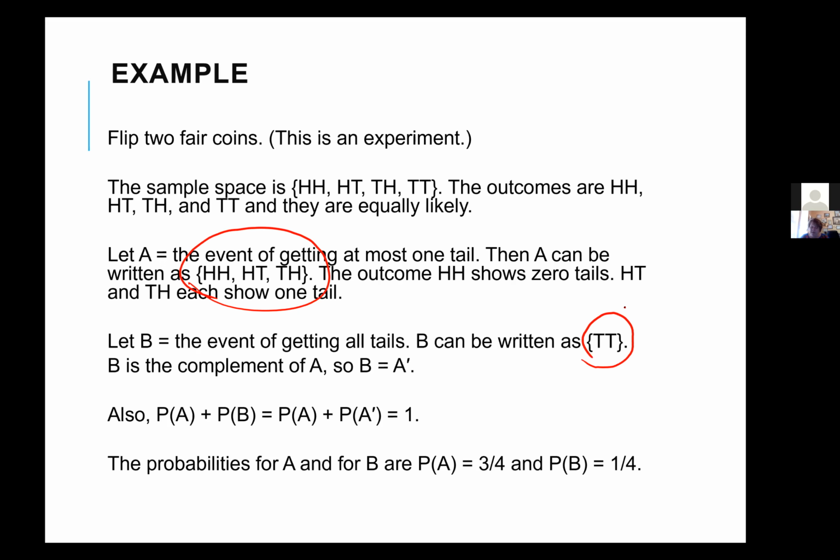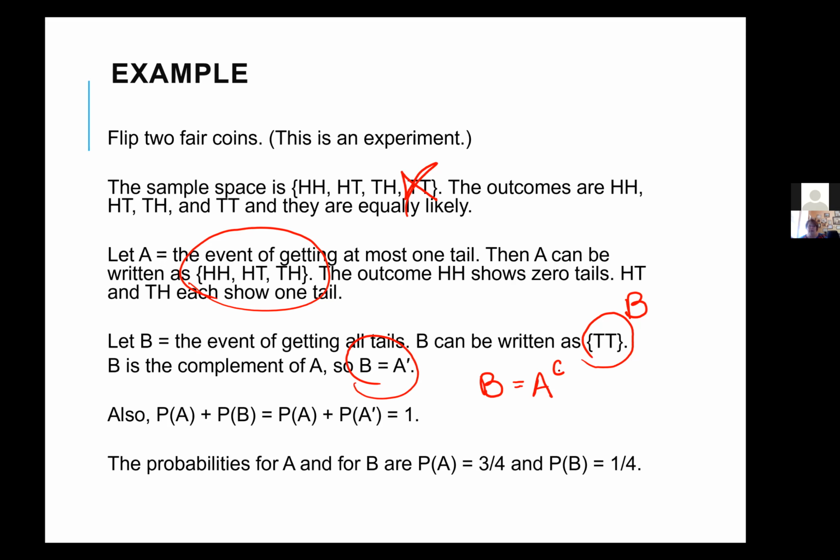So since B consists of tail tail, if I take tail tail out of my sample space, what's left over is event A. Those 2 events are complements. So we can write that B is the complement of A, which we write as A prime. We could also write that as A complement.